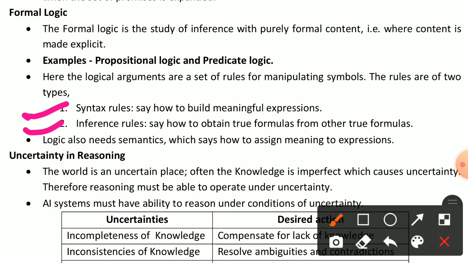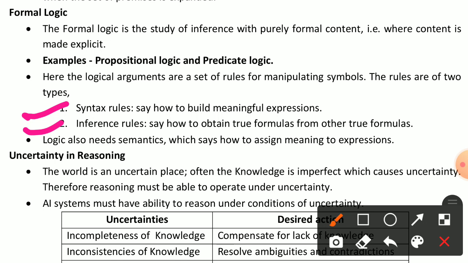In this rule we say how to obtain true formulas from other true formulas, meaning we can separate the true formulas, the ones that are right, and use them to get other true formulas.